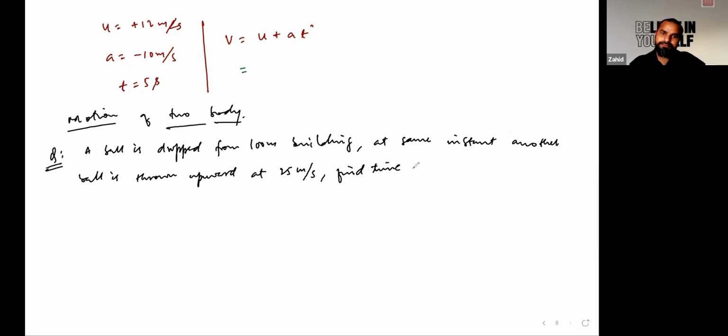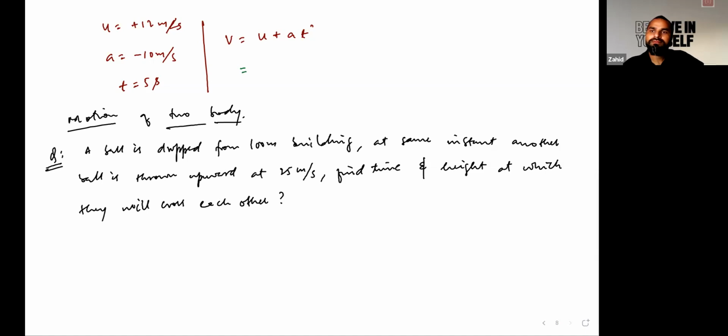Find the time and height at which they will cross each other. First, write this question. I will explain how to solve this part.